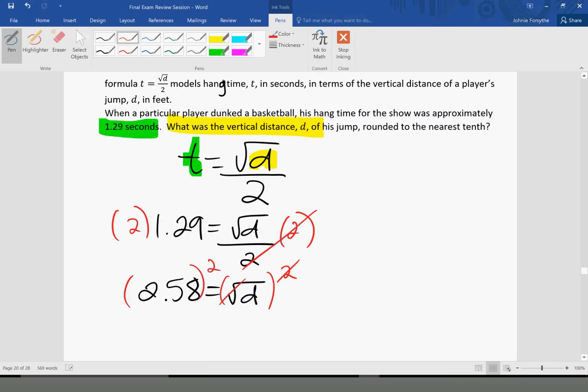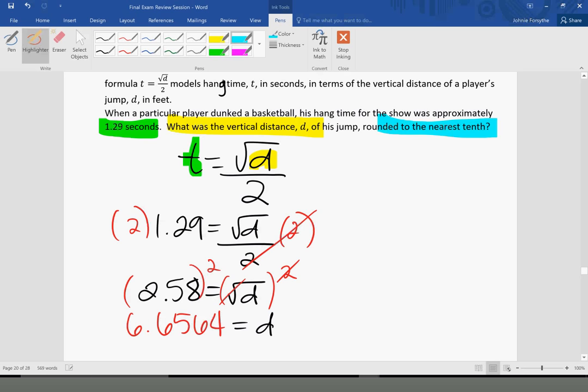So on the left, 2.58 squared is 6.6564. That equals D. And they want you to round that to the nearest tenth.